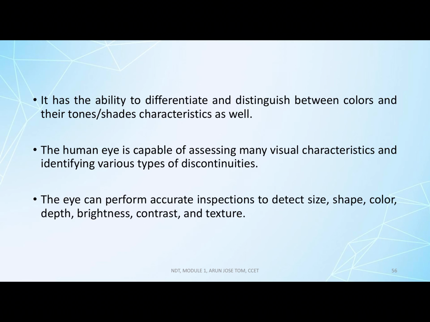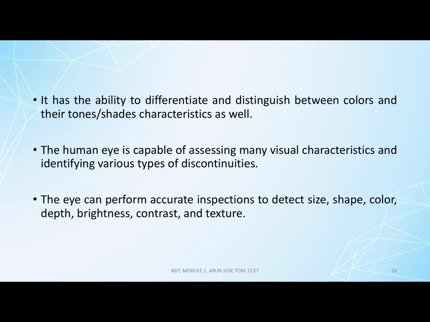Also, it has the ability to differentiate and distinguish between colors. With the help of the eye, we can interpret the specimen's color, shape, size, etc. And with the help of these, we make the end result.